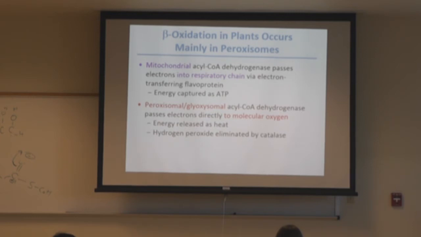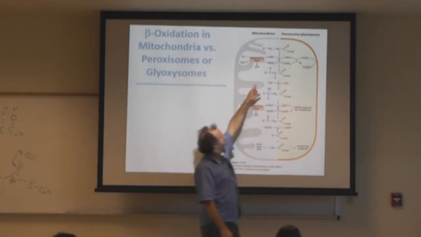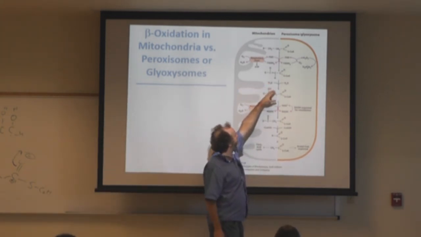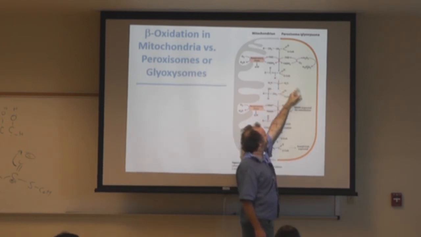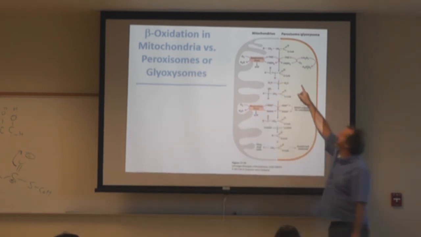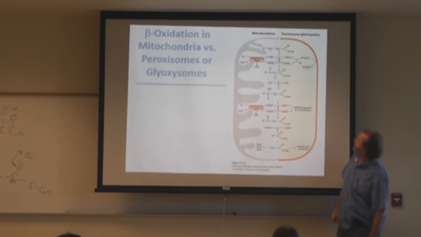And this just shows you the two. So the first step, we take a saturated fatty acid chain and we oxidize it with FAD to produce an ene group, and that FADH2 in the peroxisome will give its electrons directly to oxygen and form hydrogen peroxide.